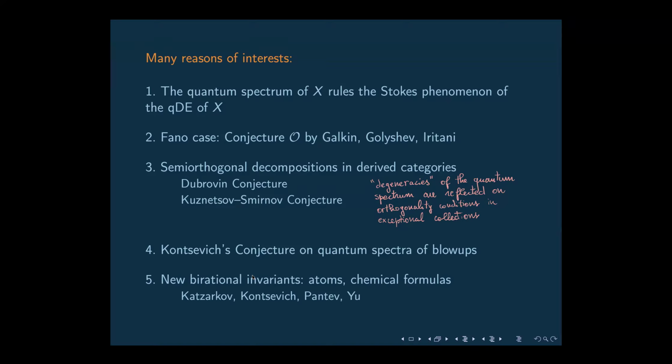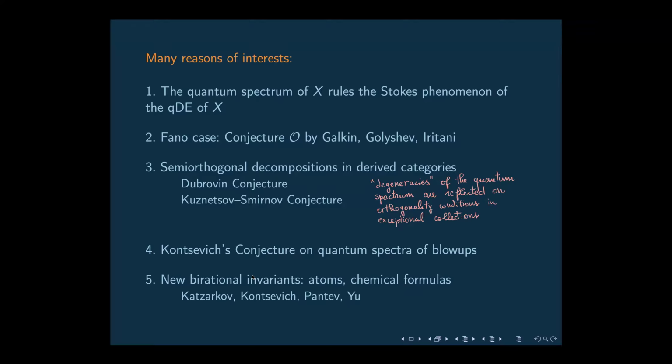It turns out that the quantum spectrum rules the asymptotic properties of solutions of these quantum differential equations and also the Stokes phenomenon of these solutions. That is, strictly speaking, the discontinuous change of the Poincaré asymptotic expansion of solutions at infinity of this quantum differential equation.